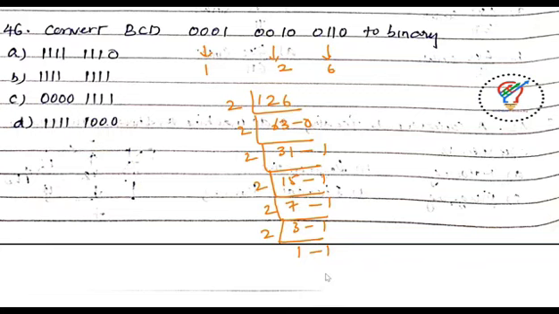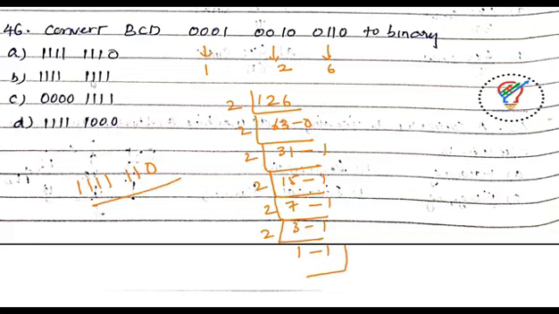So if you are going in this manner, the code will be 1 1 1 1 1 1 0. See here, 1 2 3 4 5 6 7, so it is 7 bits.